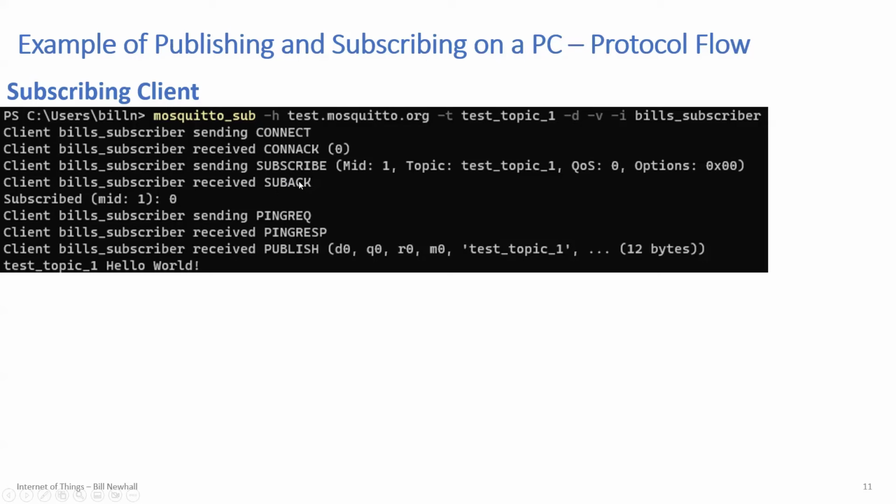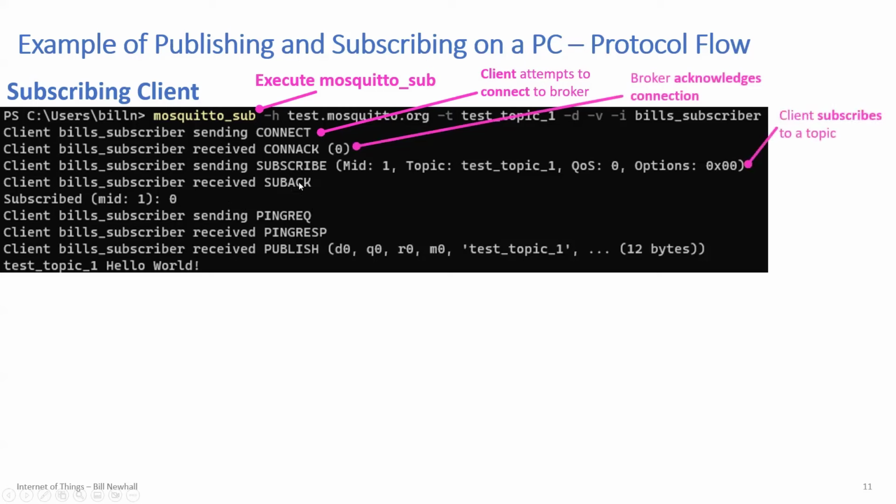So now this command line sits here and waits for a message to be received from the broker, waiting for a publisher to publish a message to this test_topic_1. It's just going to sit there and wait. Okay, so that's all that's happening, all that I described here.